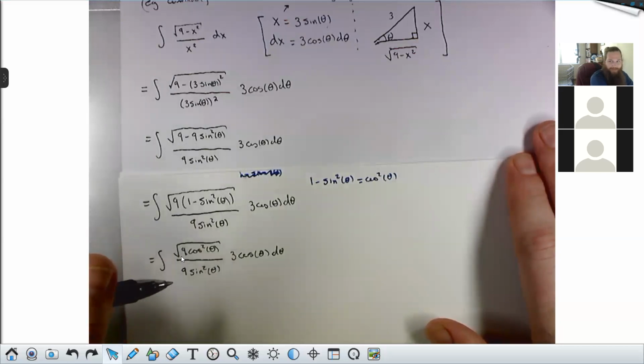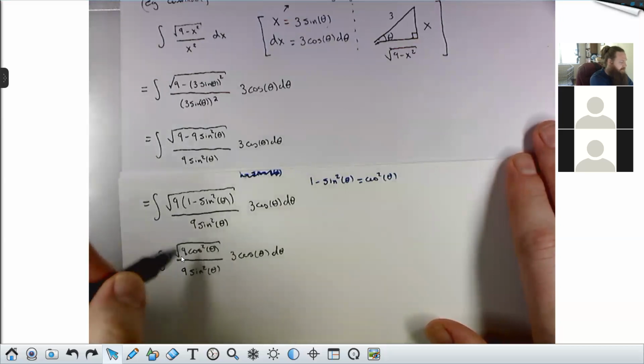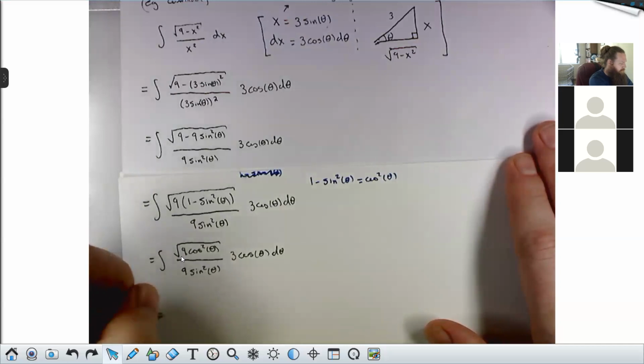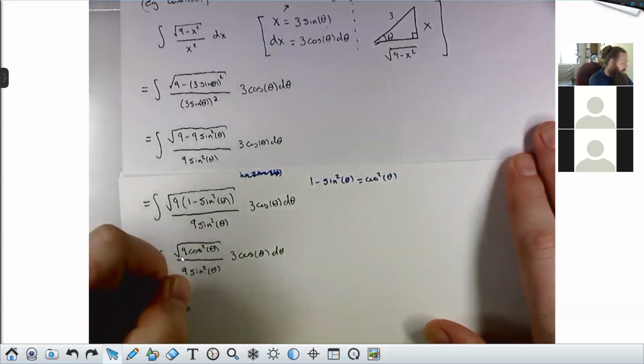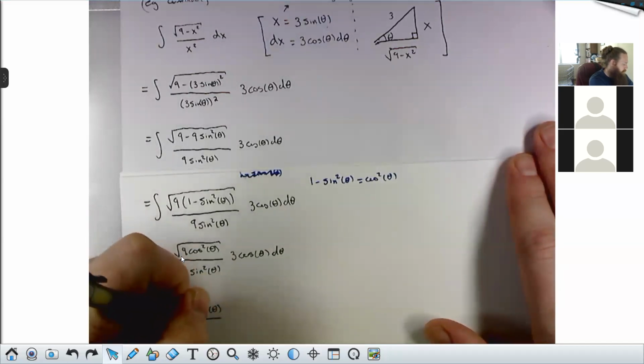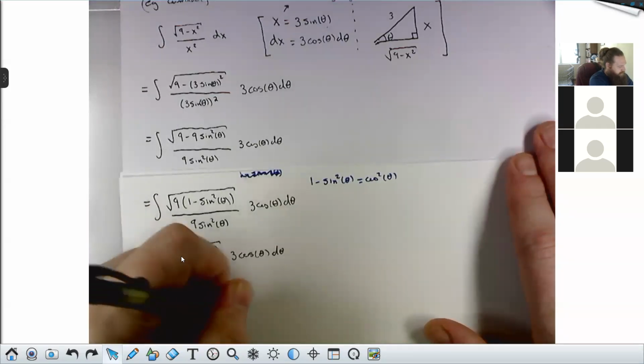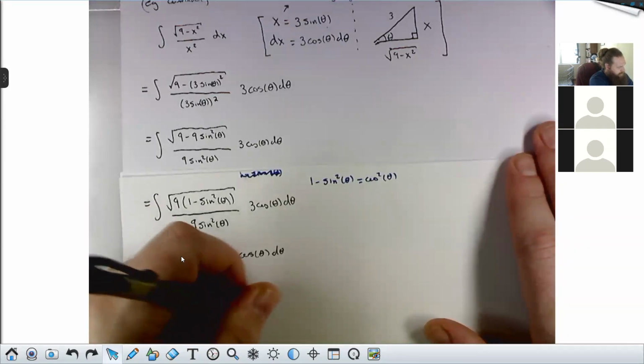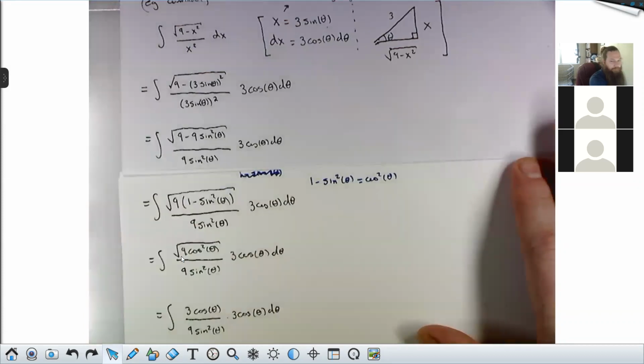Radicals may not play nice with addition or subtraction, but they do play nice with multiplication and division. So I can take the square root of the 9 and the square root of the cos squared separately. So that top is now going to be 3 cos theta, sine squared theta downstairs, and 3 cos theta d theta at the end.